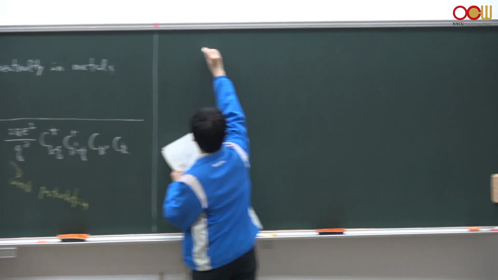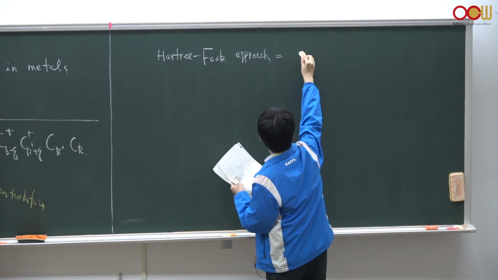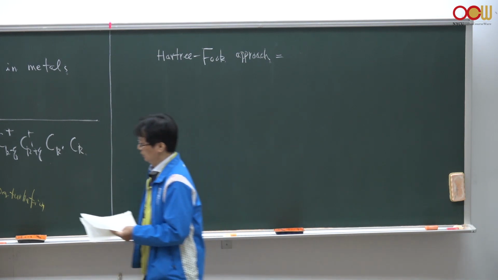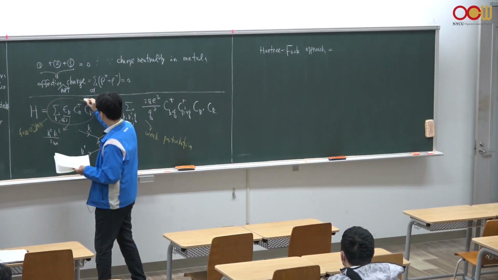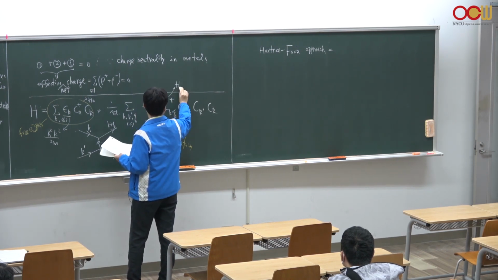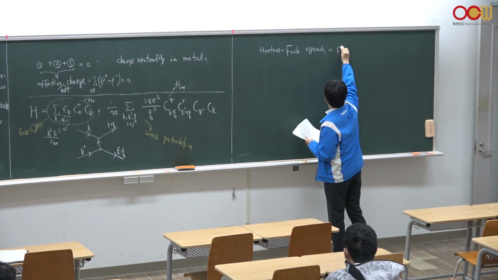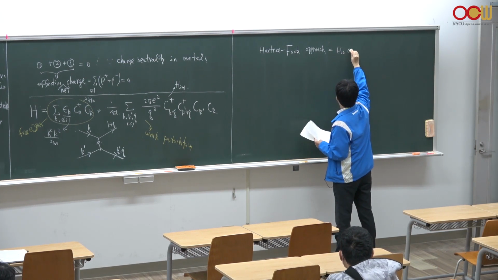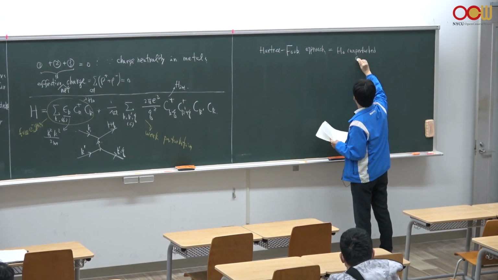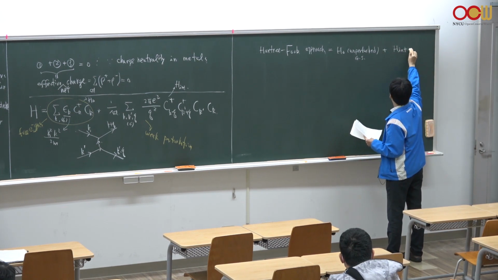So that's the Hartree-Fock approach, where we have H0, and I call this H interaction. So H0 is the unperturbed ground state plus H interaction, which is a weak perturbation.